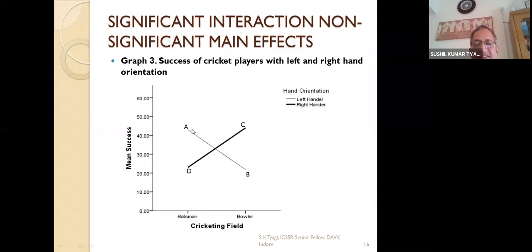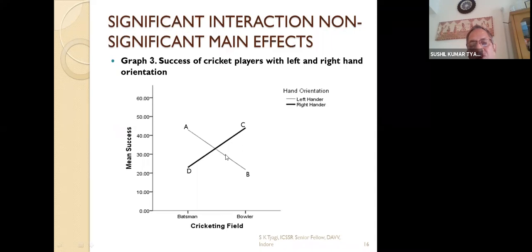The graph is intersecting. So by visual inspection, we can in a straightforward manner declare that there is a significant interaction. Why? Because there is an intersection of these two lines and they intersect at a moderate angle. Angle is also important. So there is a significant interaction.